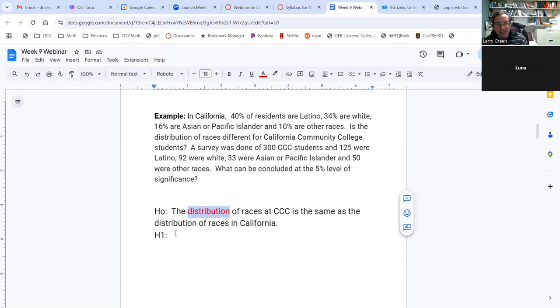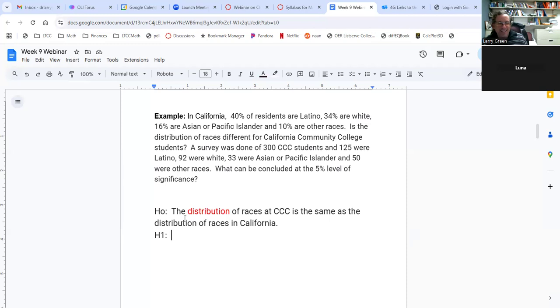Okay. Any guess for H1? I left it blank for a reason. What's the difference between H naught and H1? The hint is I don't have to do too much. Any thoughts? How is it? What should I write for H1?